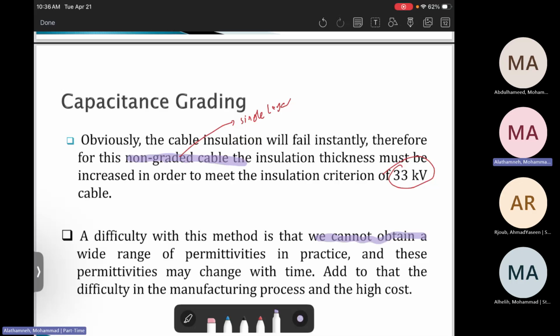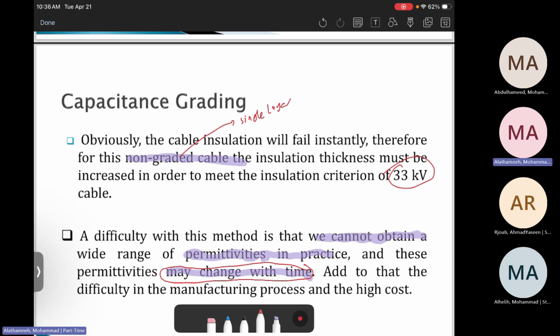I mean, in practice, we cannot make epsilon R to be 1 or 3 and 5, the same as we got before, because the permittivity sometimes can change with time. That's something that we worry about because of aging, decaying with the aging.